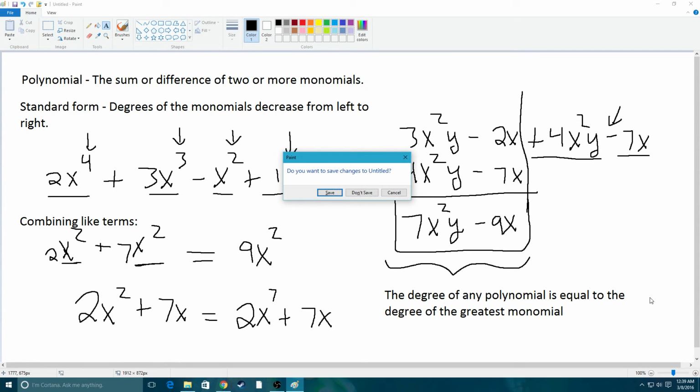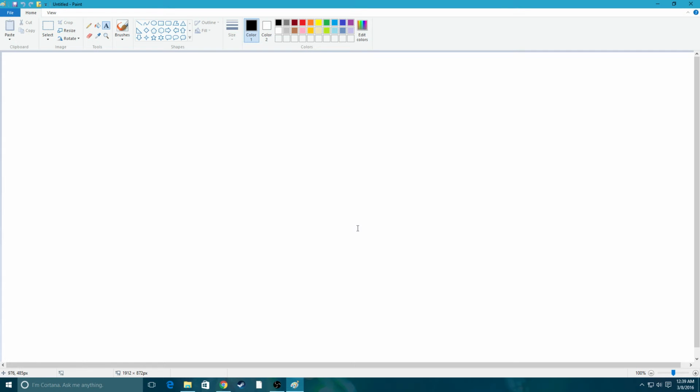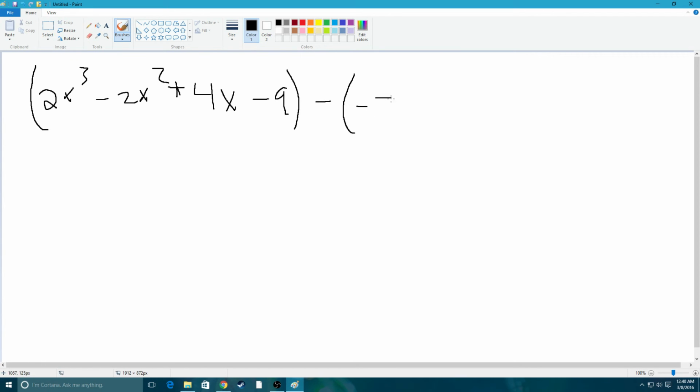Okay, so remember, if you've got something like 2x to the third power minus 2x squared plus 4x minus 9, and this is in parentheses, and you're subtracting negative 3x to the third power plus 2x plus 4.